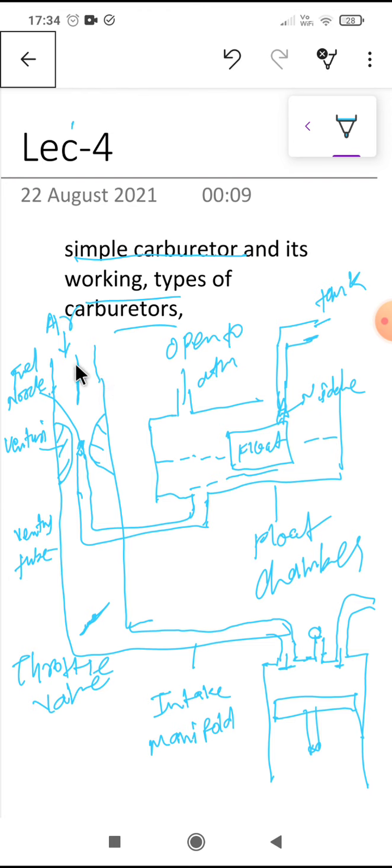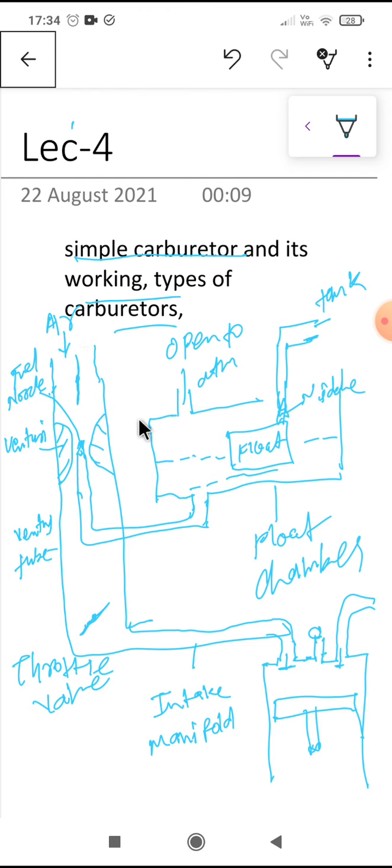So air will enter from the air filter towards the cylinder because there is a pressure difference. A vacuum is created in the intake manifold, while in the air filter the air is at atmospheric pressure.